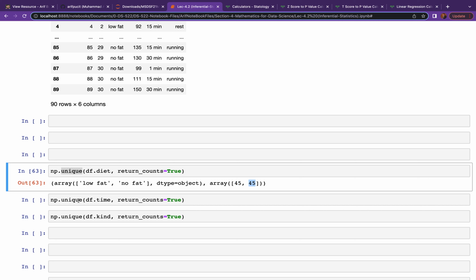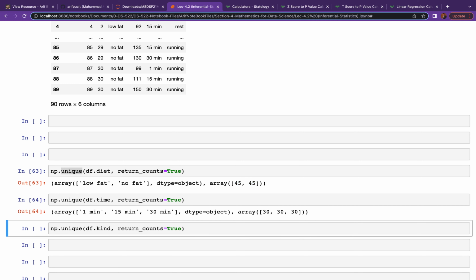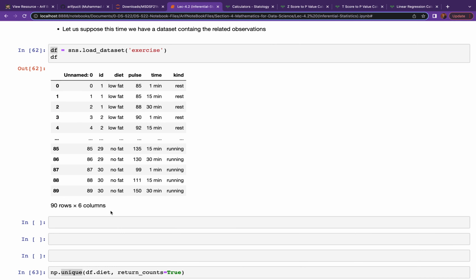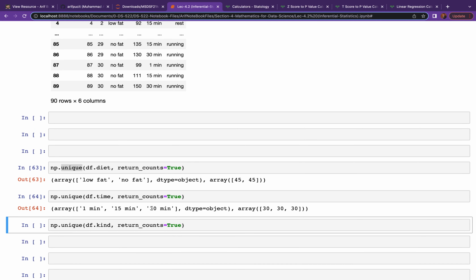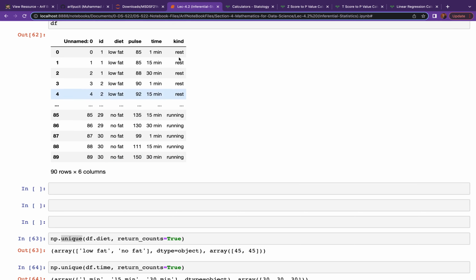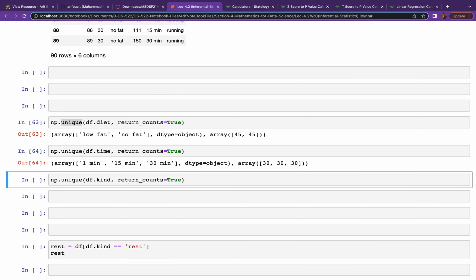Let me use unique on the time column as well. Under the time, I have 3 different unique values: 1 minute, 15 minute, and 30 minute. Let me check out the kind column as well.